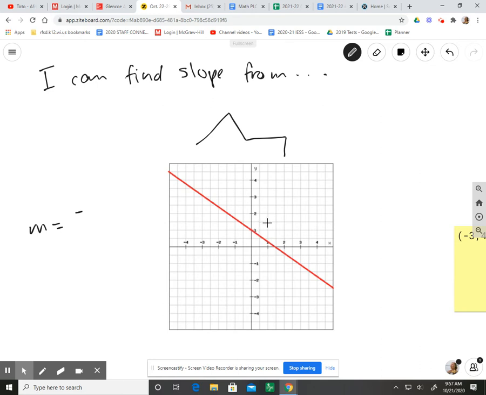What you're going to do is find 2 points on this line. The 2 points that you want to find are points that go through a corner of a square, because then it has a whole number value. If we look at this point here, our y-intercept for this line, it goes right through that 1.